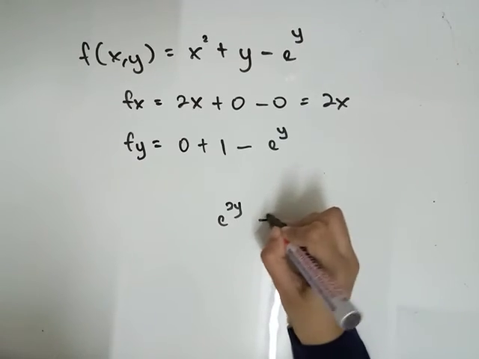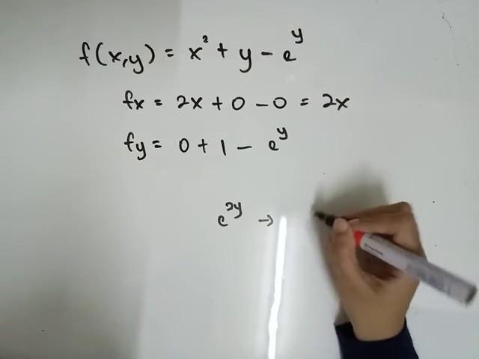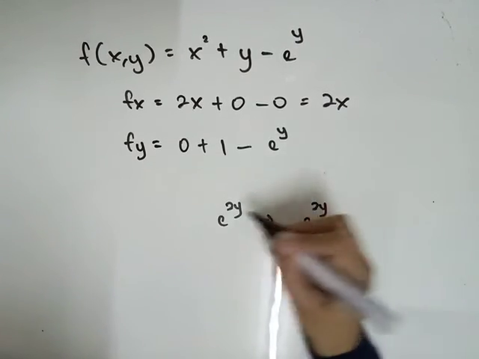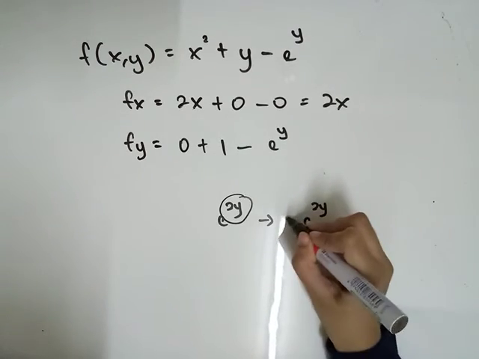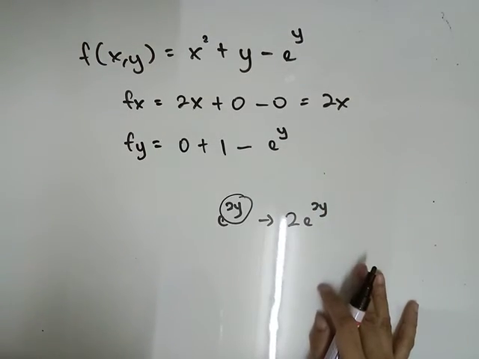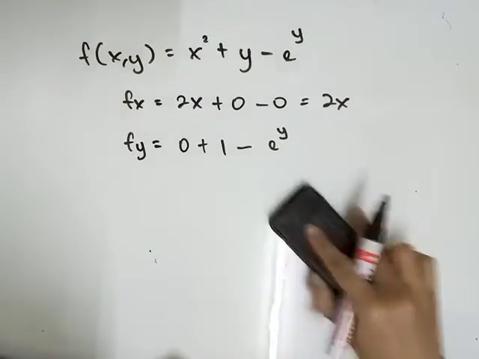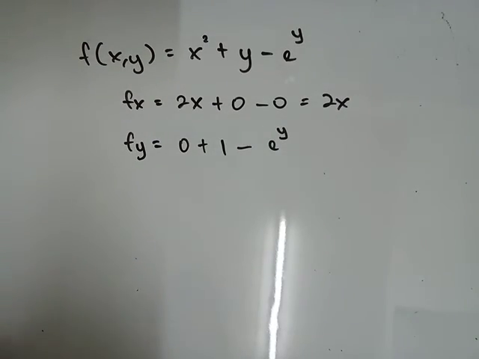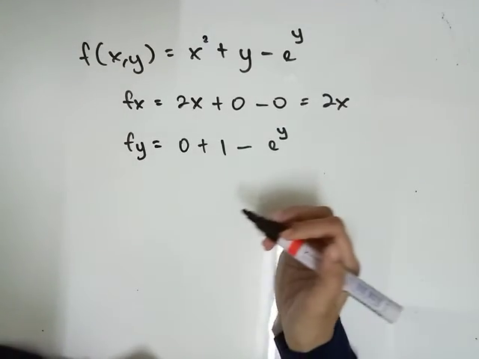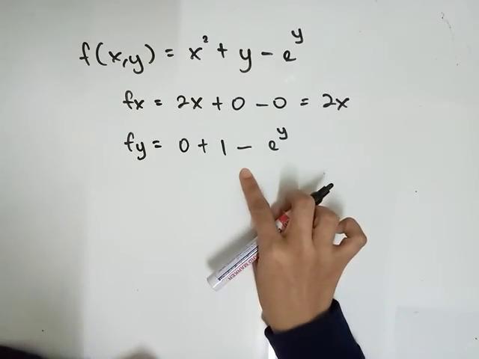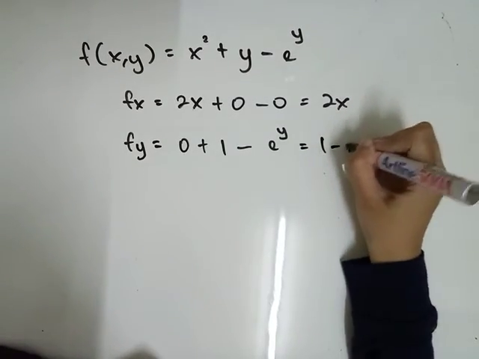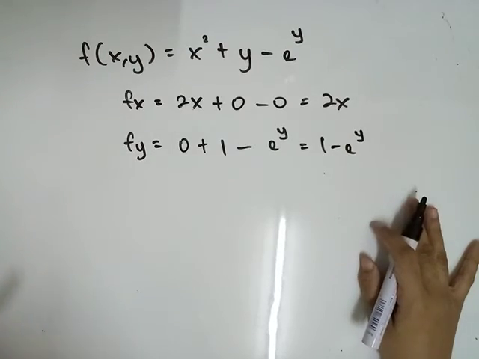Differentiate exponent 2y, it will become exponent 2y, then differentiate 2y, we get 2, so bring it in front. This is an example for exponent form. So the answer is 1 minus e power y.